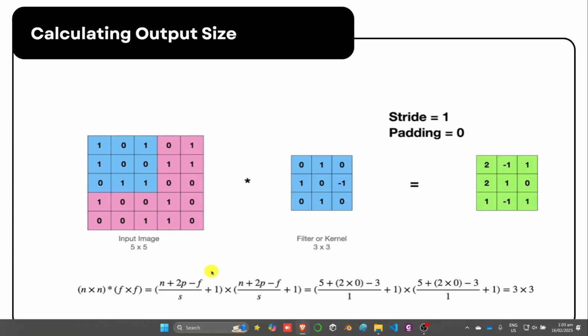Right now, if we have a stride of 1, it gives us a 3 by 3, and if you plug the values into this formula, we get a 3 by 3.